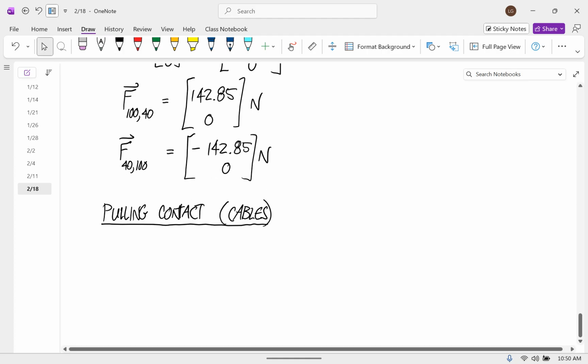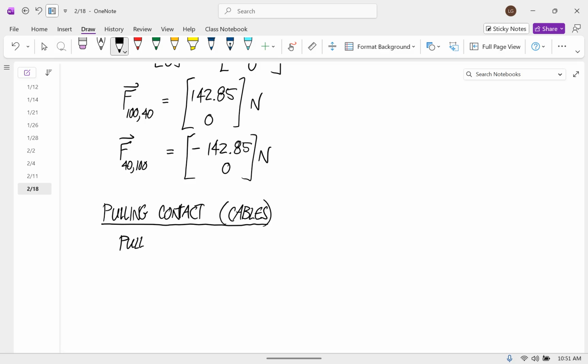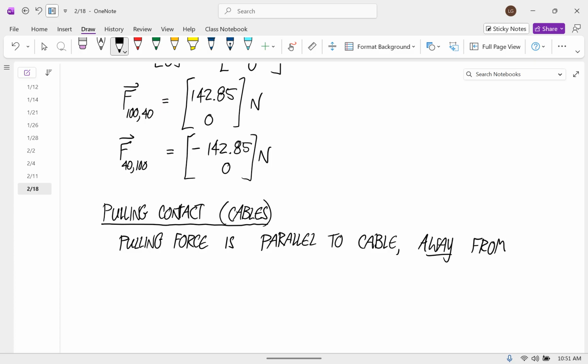And the rule for the direction of this force is parallel to the cable, away from the chosen body. The pushing force was toward the chosen body. Pulling force is away from the chosen body.